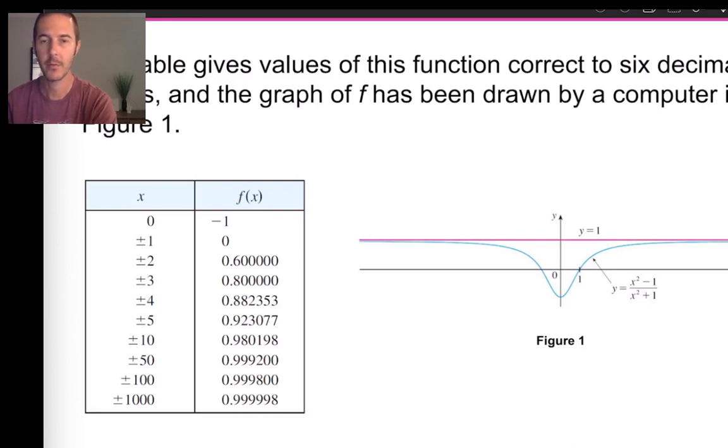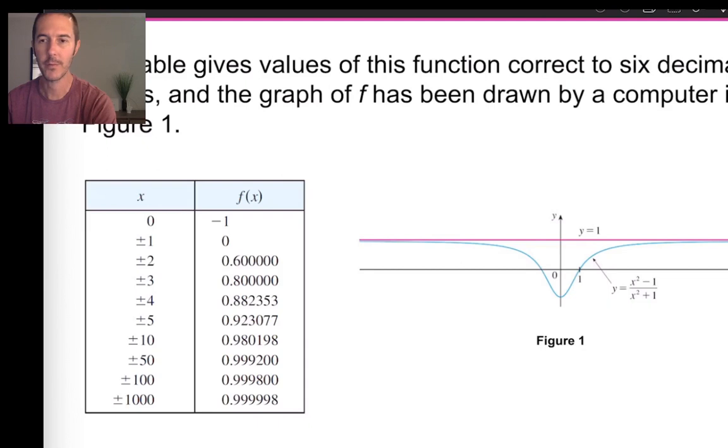It just so happens that because of the function f of x, or y equals x squared minus 1 over x squared plus 1, the fact that the variable's being squared is sort of taking care of the positive and negative x values that are being plugged in.